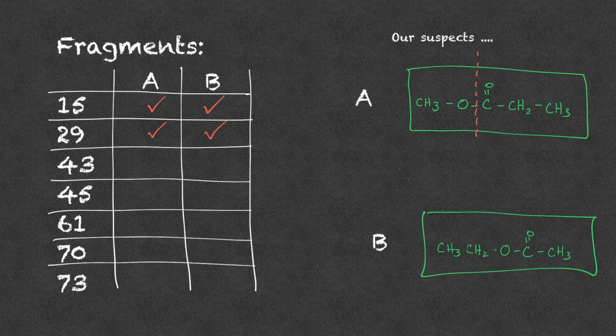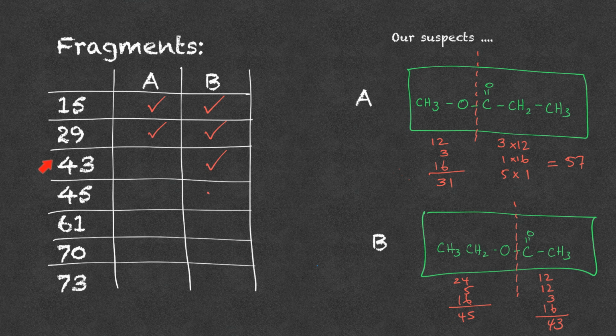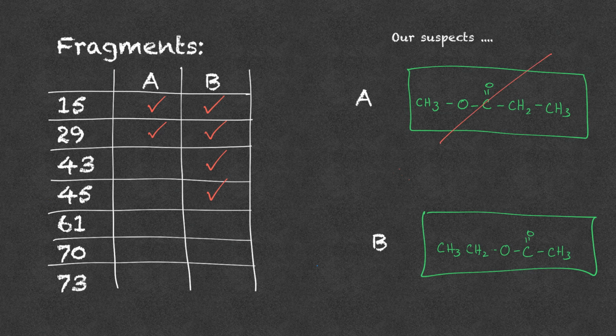So let's draw our little lines and add them up. And that tells us that B has got a 45 and a 43, and they're on our things. A does not have that. So we can say that A is not our suspect and B is our unknown sample.